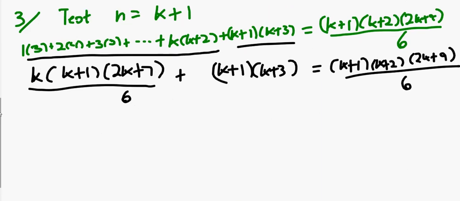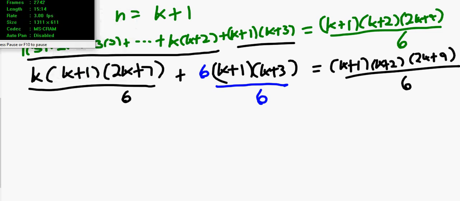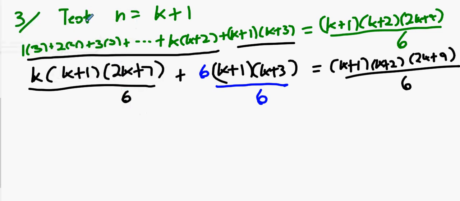Now, how are we going to make this work? Well, here's my logic, right? It's all over 6s, so I'm going to put a 6 here and a 6 here. I'm going to take out what they have in common. Here's what I'm thinking: what they have in common is they all have a k plus 1 and they all have a 6 on both sides. So I'm going to factorize out k plus 1 and 6 on both of them. So do you see the k plus 1 and the 6?